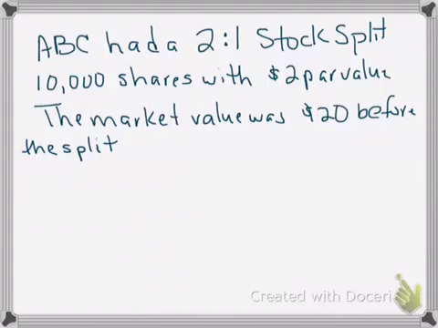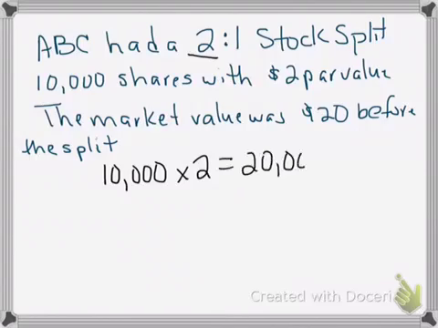What we have to do with a stock split, if you remember in our earlier lecture, we said that it would increase the number of shares. So in this case it's a 2-for-1 stock split. You would take the 10,000 shares, multiply it by the 2, and that would give you the 20,000 shares that would now be outstanding after the split took place.